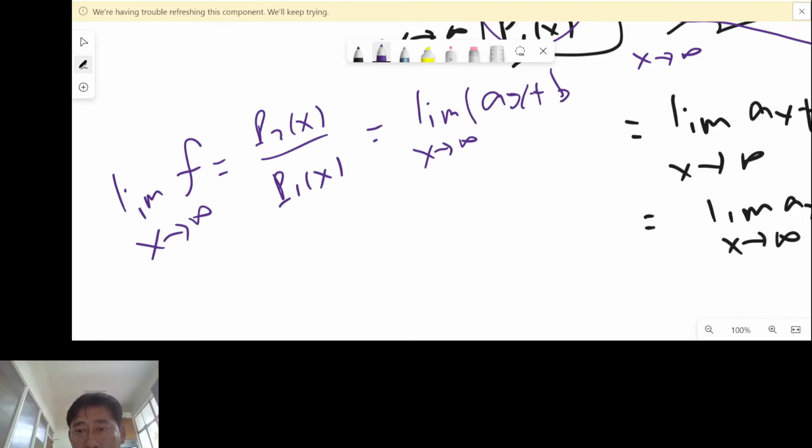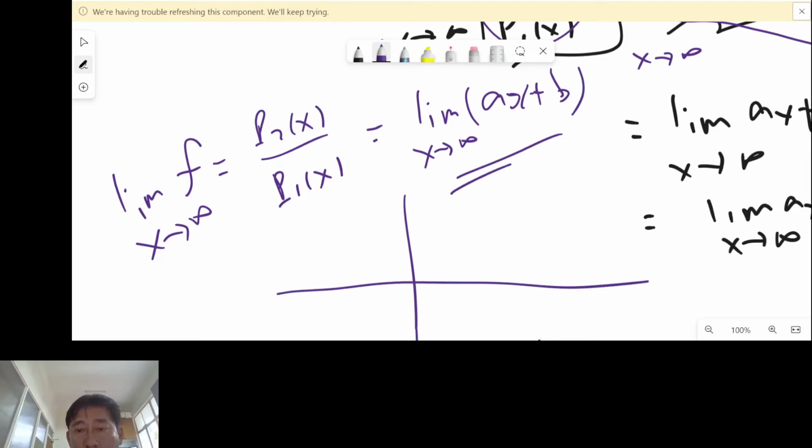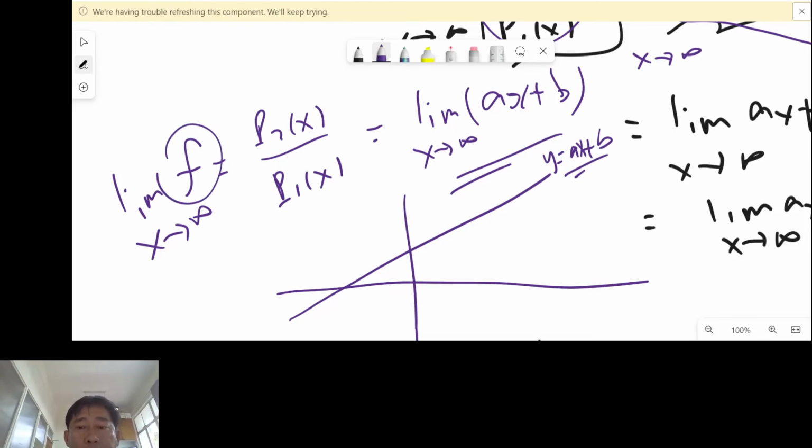When you represent it on the xy plane, it represents a line y equals ax plus b, and this is the so-called oblique asymptote. That is a straight line that the function f tends to when x is going to infinity.